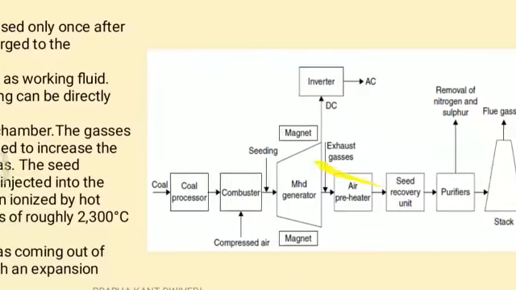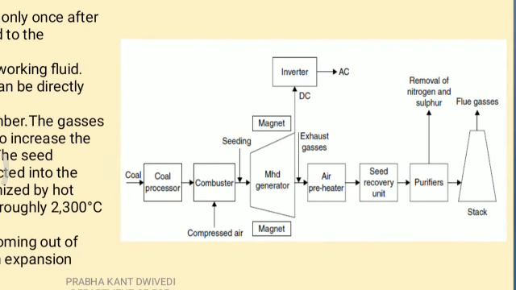If we look into the diagram, the first block is the compressor, which produces compressed air. This air mixed with high temperature is ionized in the combustion chamber, and after seeding, the conductivity of this gas increases. This ionized gas, meaning the gas which has ions and free electrons, passes through the MHD generator. This MHD generator contains a strong magnetic field.